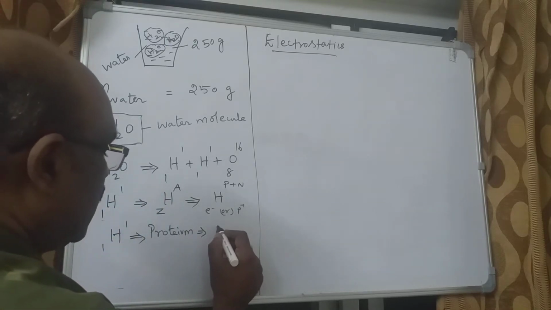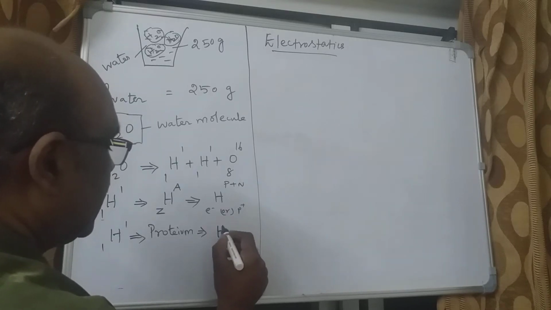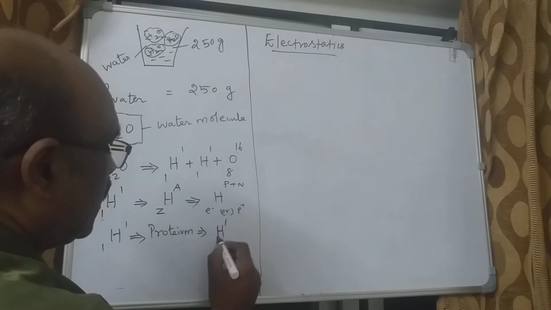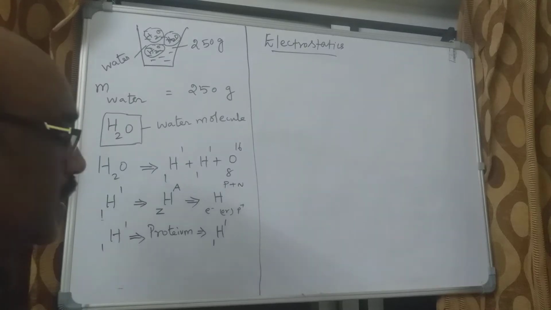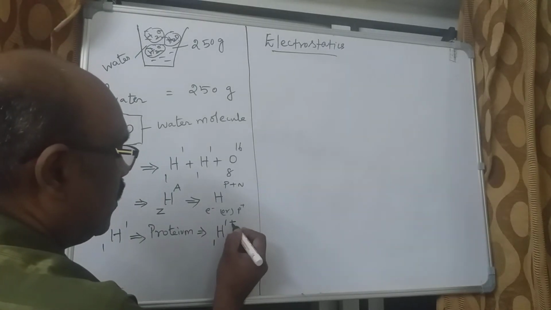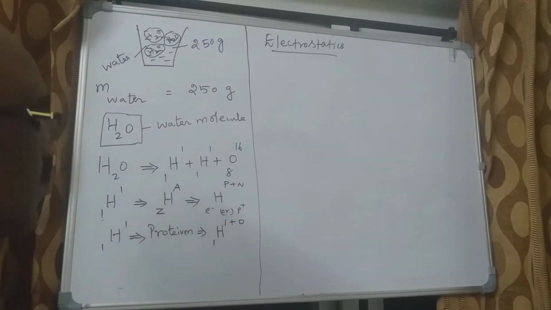So, in a hydrogen atom, 1 proton and 1 electron are present and 0 neutrons. So, the neutron count is 0 here.